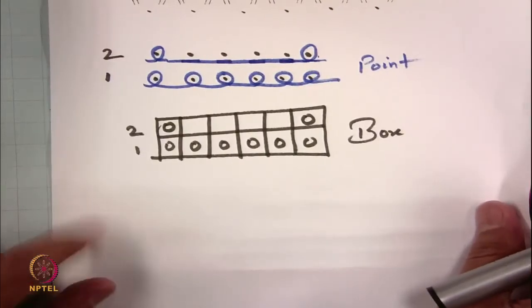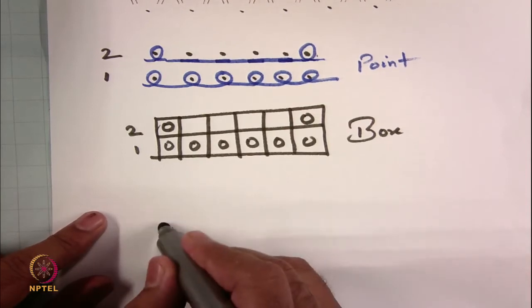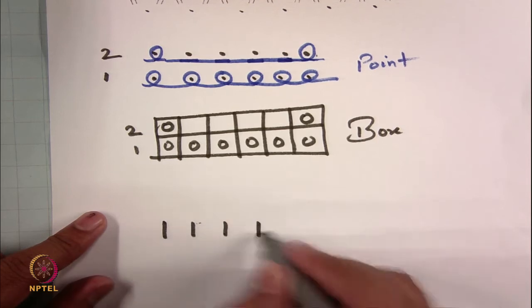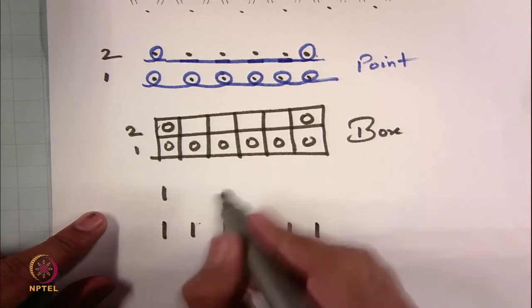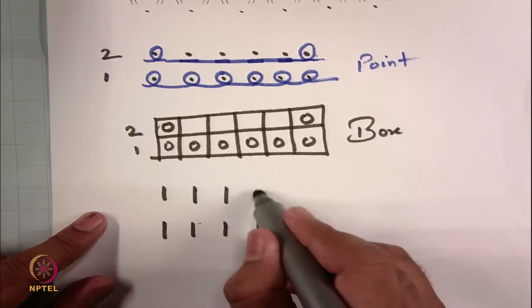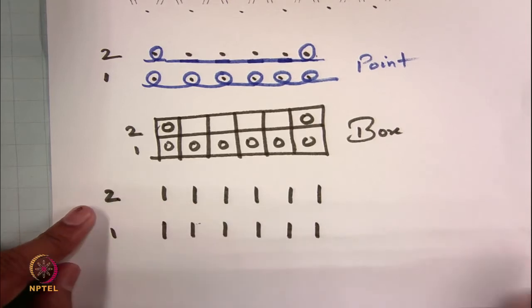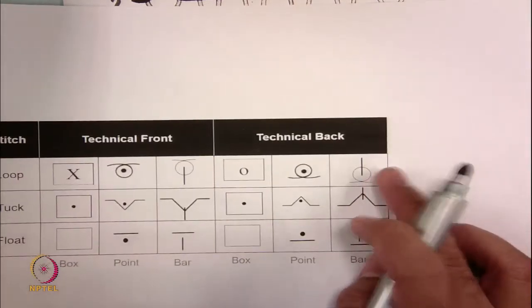Okay. Now, if you go for bar notation, you can simply have the bar notations in a similar fashion. So, you first need 6 needles for 2 courses. So, this is first course, this is second course, and how do we represent back loop in the bar position?